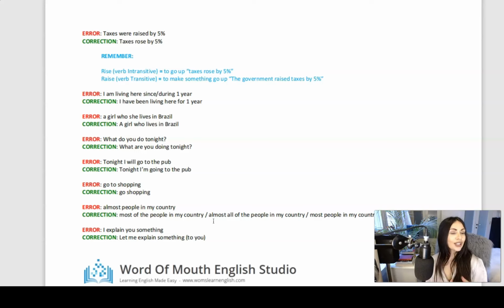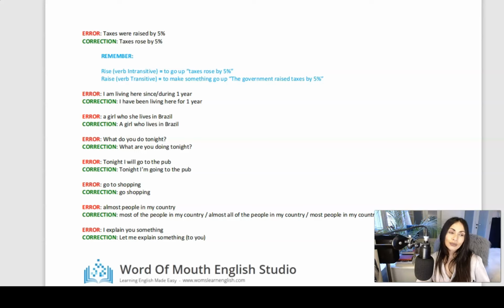Okay? Right, you can use either one. Most of the people in my country means the majority. Most people in my country also means the majority. Almost all the people means the vast majority and almost the whole, if you want to refer to the whole as being 100%. It's not the whole, but it's the closest to the whole it can get.